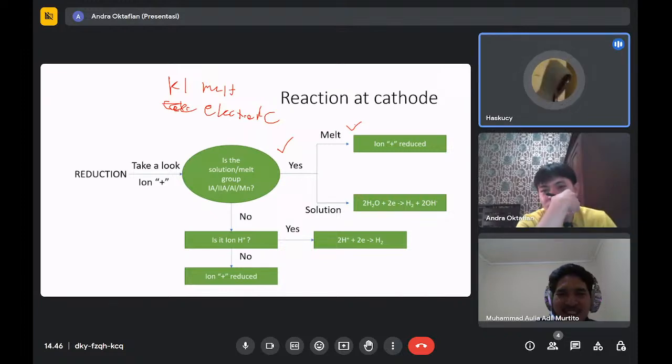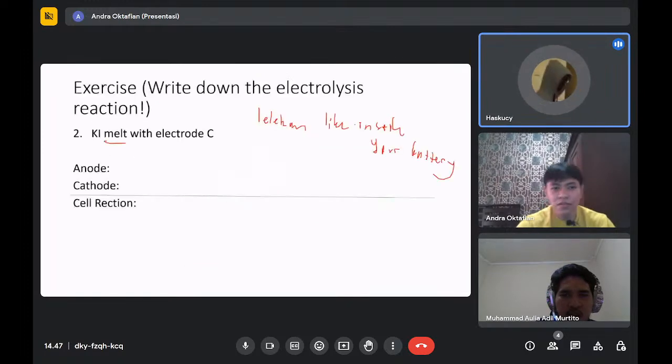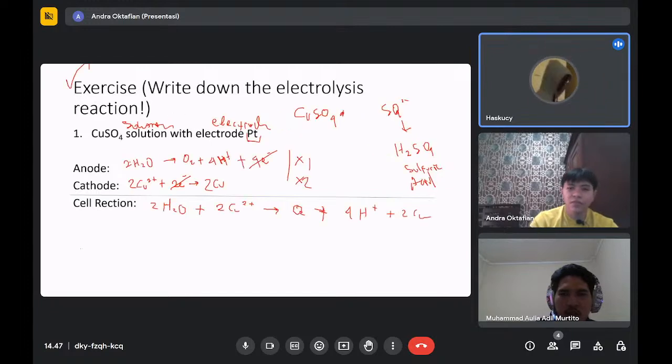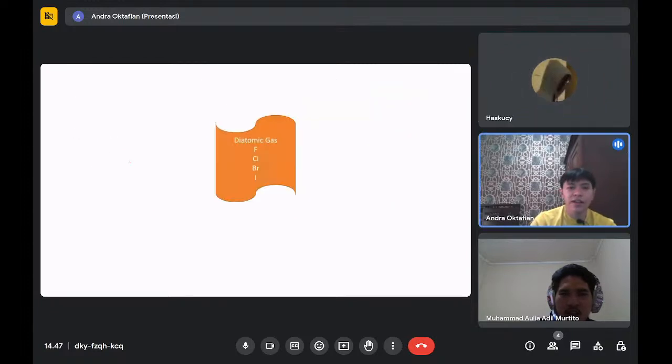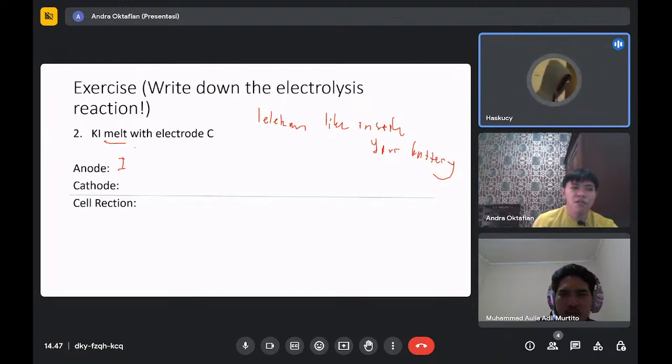To answer that, I don't know. Maybe the anode will be I minus giving I plus e, I guess. What is KI? K is plus one, I is minus one. The ion minus is oxidized, so what is the ion minus? Iodine, maybe one minus, I guess.